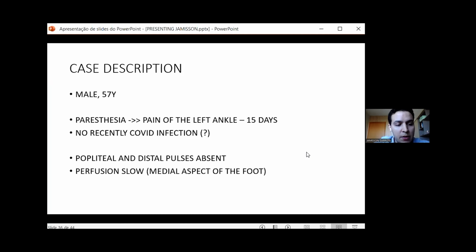It was a 57-year-old male who presented with paresthesia and pain of the left ankle 15 days previously, and no recent COVID infection, but he had not been tested. He presented with absent popliteal and distal pulses, and slow perfusion of the medial aspect of the foot.